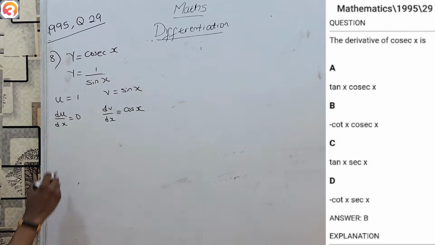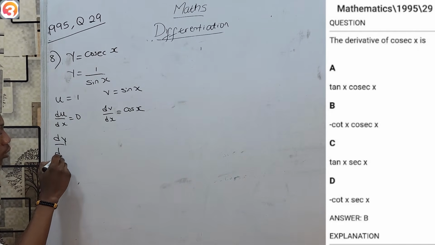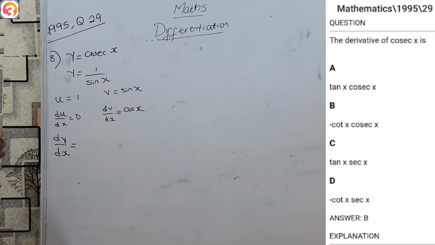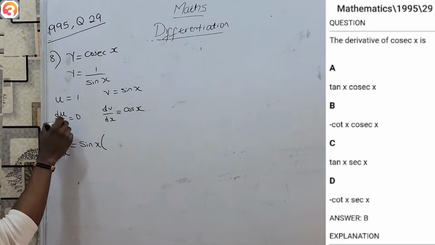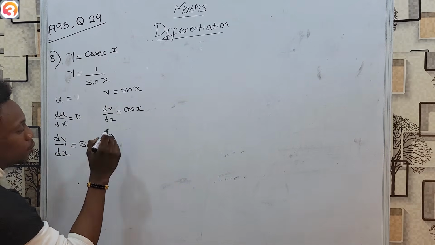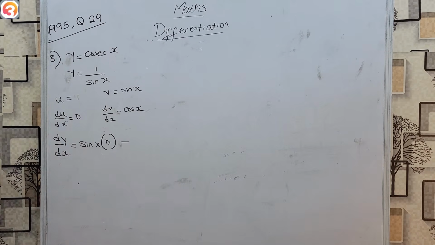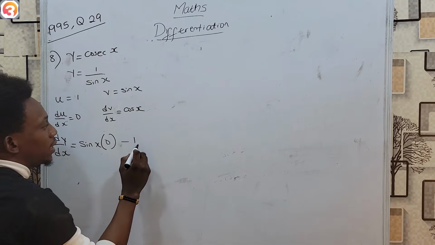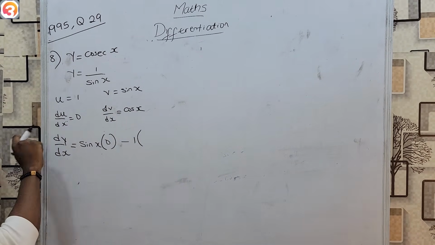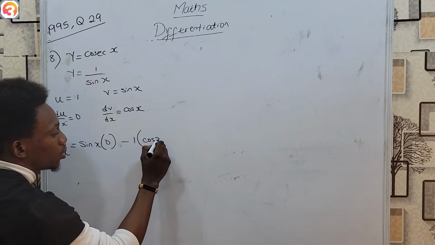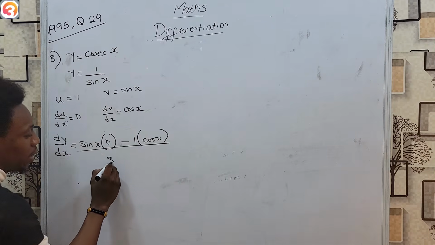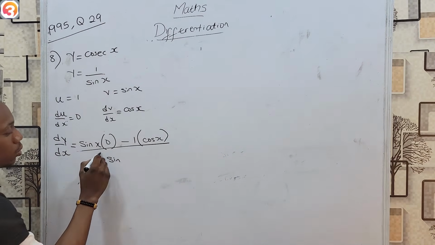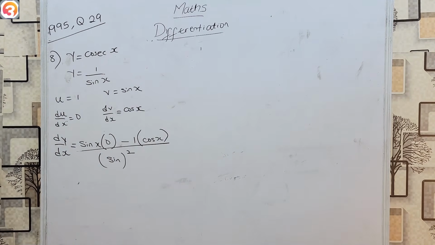So let's apply the formula again. Do you recall the formula? You should. We just used it. The dy/dx becomes, take your v first of all, which is sine x, bracket du/dx, which is 0, minus, take your u, which is 1, times dv/dx, which is cos x, all over sine x, which is my denominator, squared.